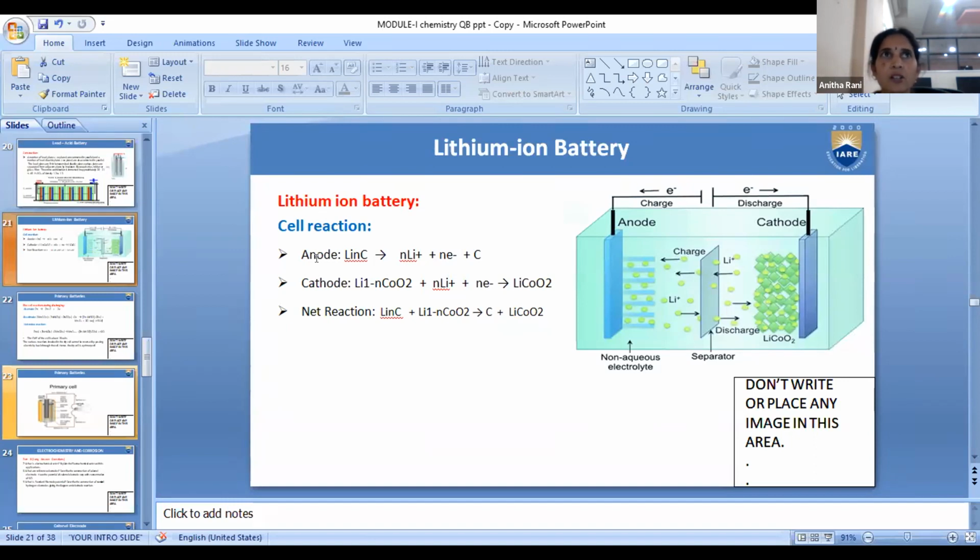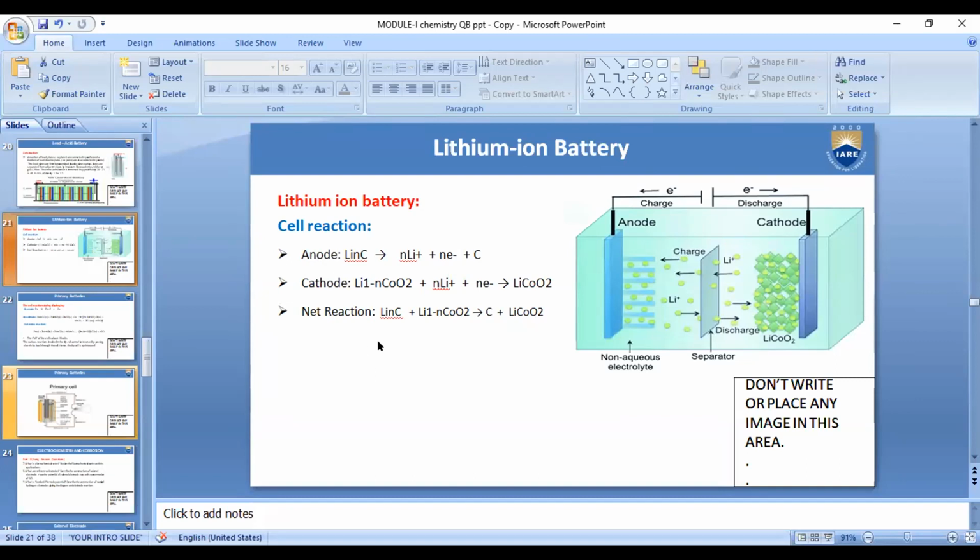How are the lithium ions moving during discharging and charging? During discharging, lithium ions move from anode to cathode, and the flow of electrons is from anode to cathode.